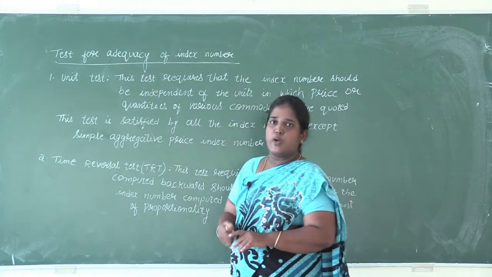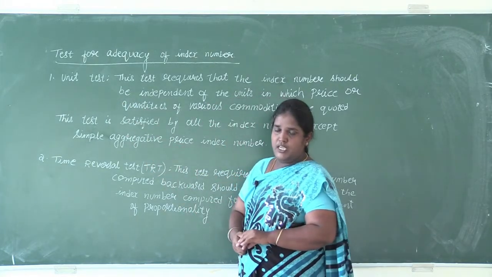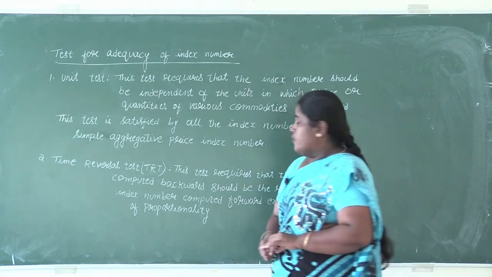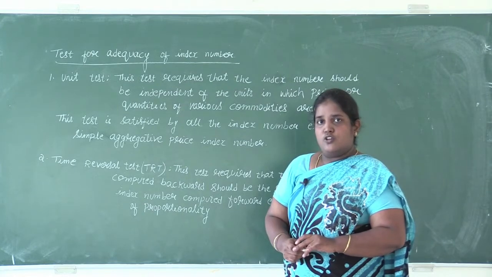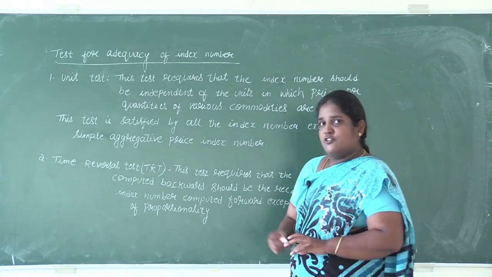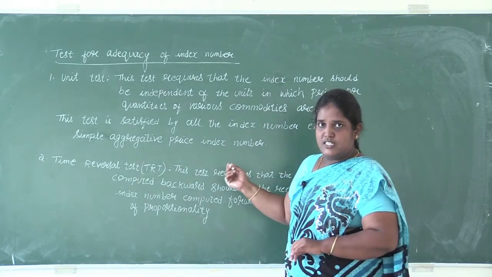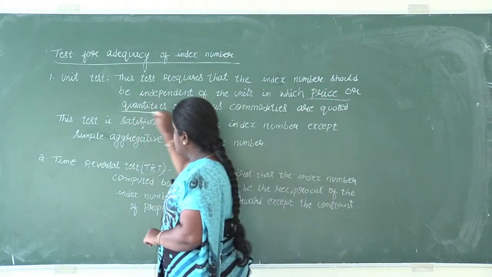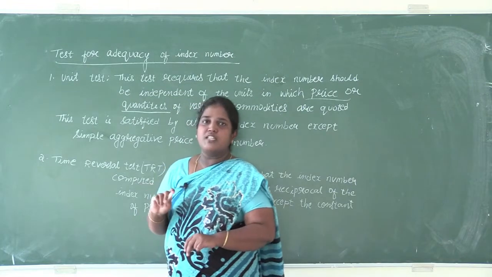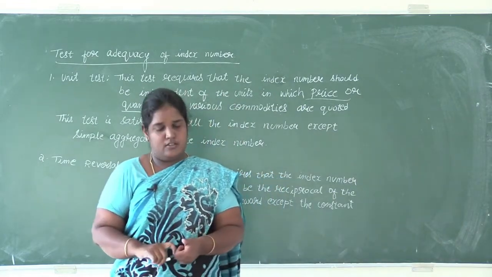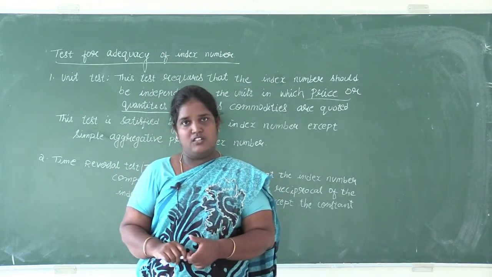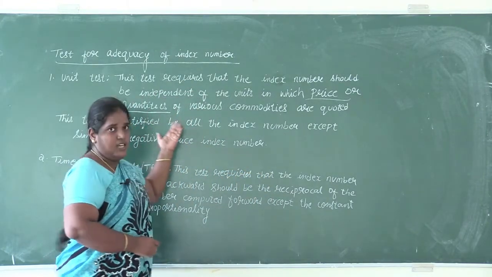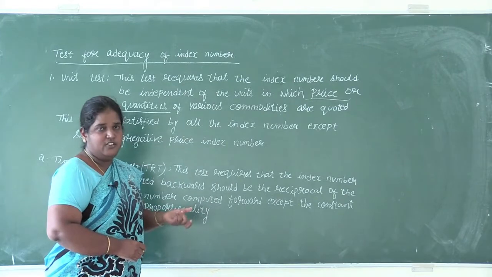This test requires that the index number should be independent of units of measurement, of quantity or the price of various commodities. So whatever the index number is, it should be independent of the measurements in which it is done. Prices are usually taken in terms of dollars, rupees, and quantity can be kg, liter, milliliter, anything.